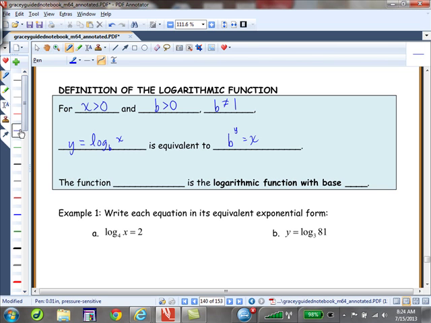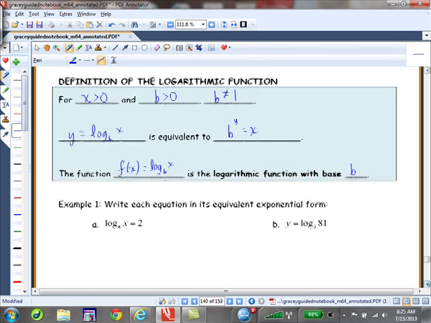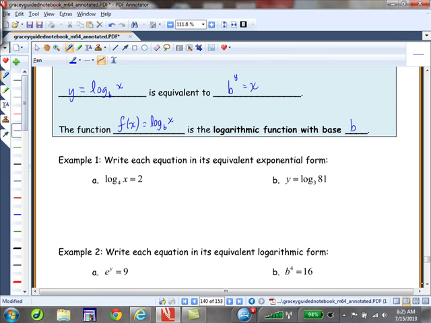The function f of x equal to log base b of x is the logarithmic function with base b. In the first part, we want to change each of these equations into its equivalent exponential form. So the base is good, 4.